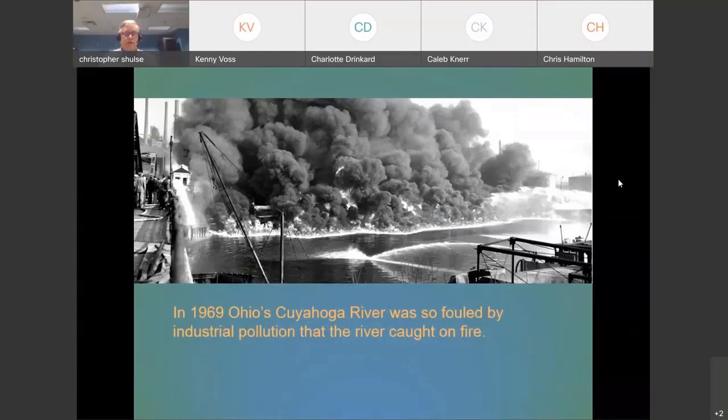And also that the river had actually caught fire about a dozen times prior to that, starting in the middle 1800s. So we think of the 1969 fire on the Cuyahoga River as sort of being one of the main impetuses for environmental laws, but it took a dozen fires before that that were pretty much ignored before it got to this point.